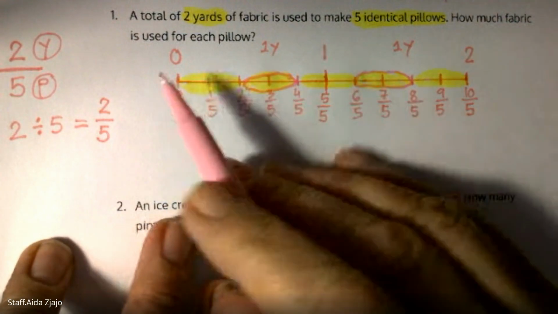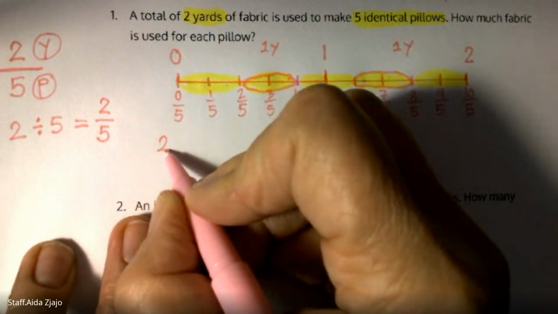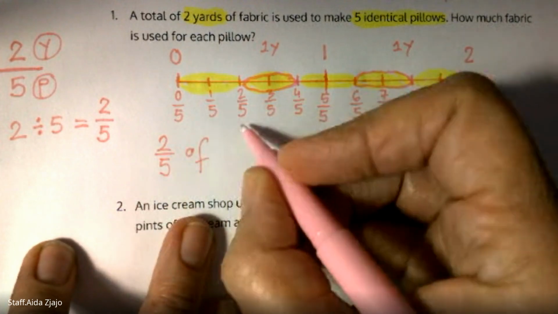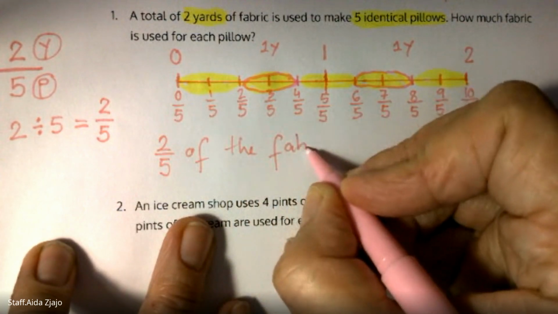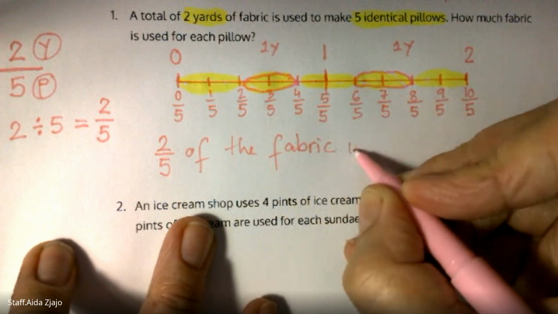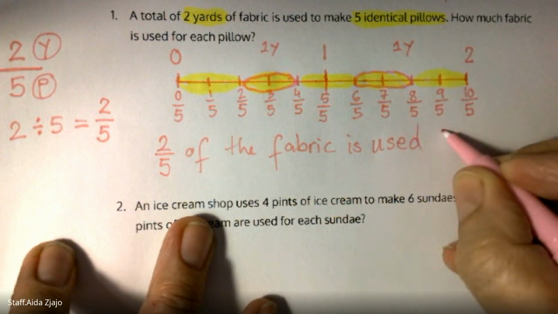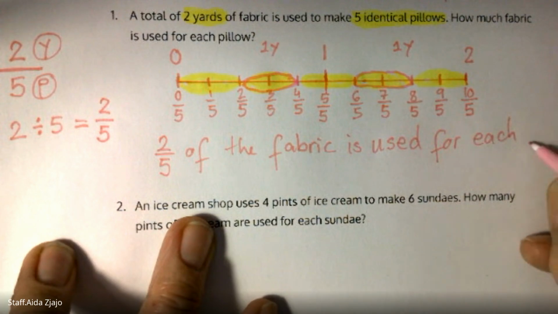How much fabric is used for each pillow? 2/5 of the fabric is used for each pillow.